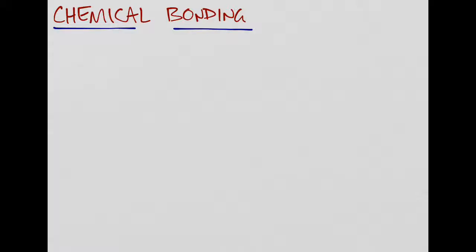So let's talk about that concept of bonding together and what it actually means. I certainly don't need to remind you that an atom consists of a nucleus containing neutrons and protons, surrounded by electrons in orbitals around that nucleus. There are also valence electrons, which are the electrons in the outermost shell or orbital of a particular atom.